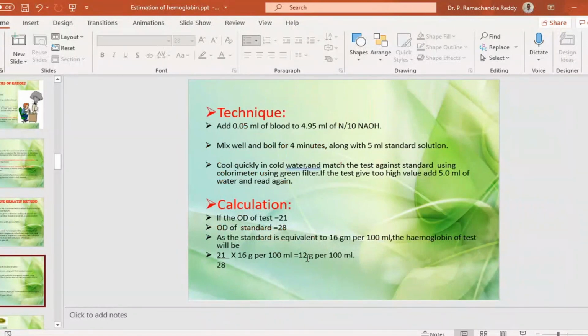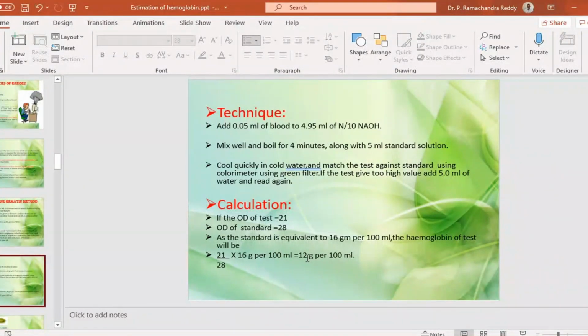For the technique, you add 0.05 ml of blood, that means 50 microliters, to 4.95 ml of 0.1 N sodium hydroxide. Sodium is always capital N, small a, so what is written here is wrong.